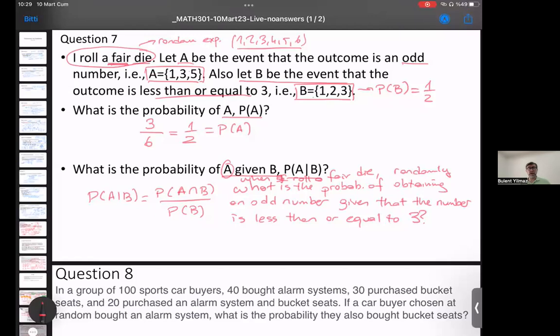So my question will be, when I roll a fair die, what is the probability of randomly obtaining an odd number, given that the number is less than or equal to 3?